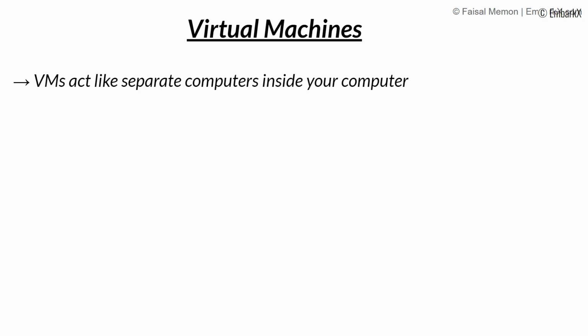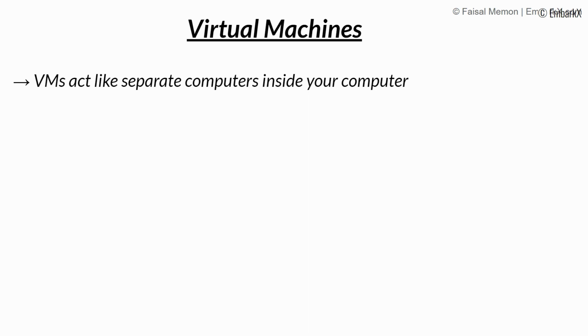So for example, if I want to use specific software that works only on Linux and I have Windows installed, I can install Ubuntu or any Linux software with the help of virtual machines. This technology will help me create an instance of a Linux operating system on which I can use that application.